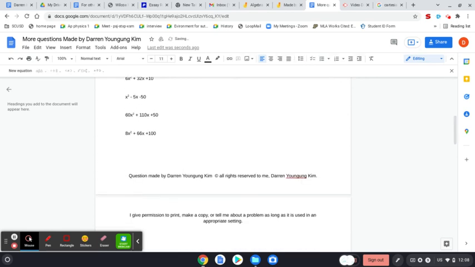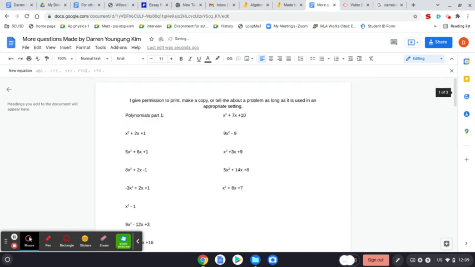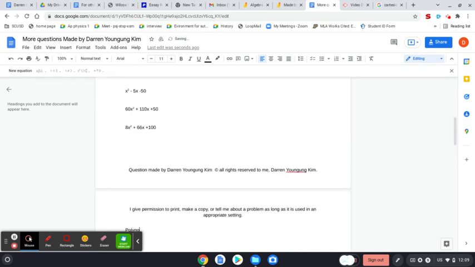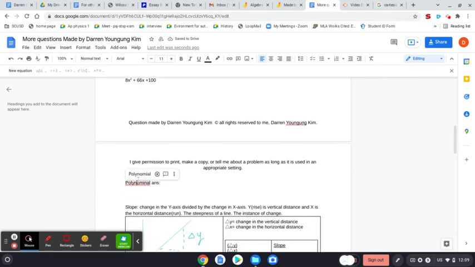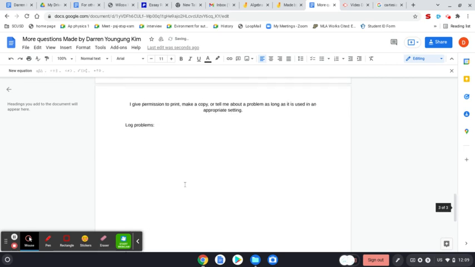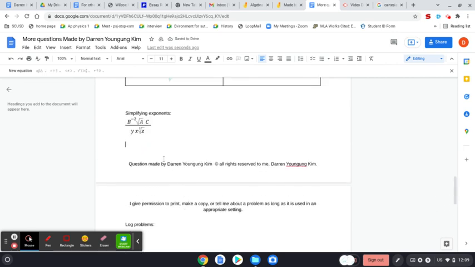So this over here would be polynomial ANS over here. That's gonna be painful. And here, just after simplifying, I should make it so that it is 1 page long.